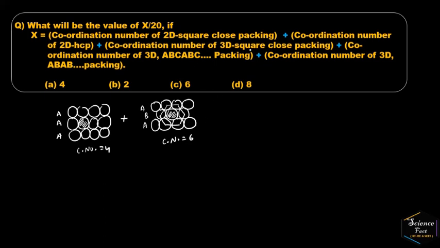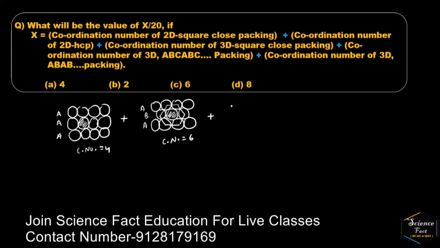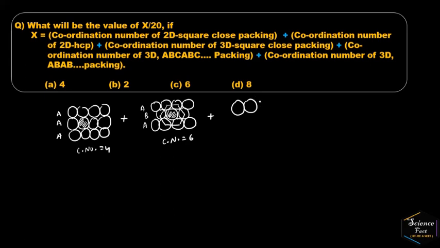What is the coordination number of 3D square close packing? In case of 3D square close packing, there will be stacking of layers, AA type layers.